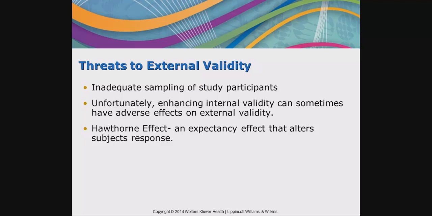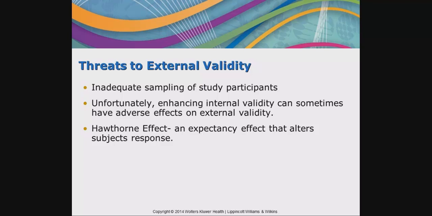And the other threat to the external validity has to do with the Hawthorne effect. And this is very difficult just to measure sometimes. It is when your subjects in the study behave or respond differently just due to the fact they are being observed. It's kind of like you coming to a complete stop at the stop sign when there is a policeman there, as opposed to doing a California slide through the stop sign.